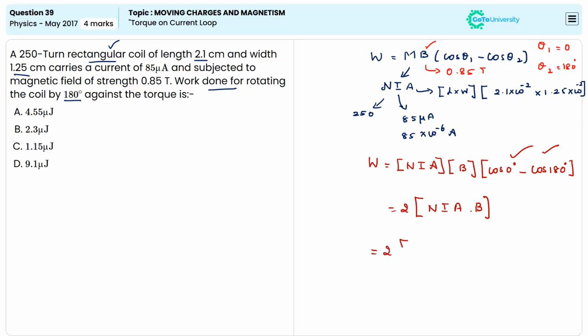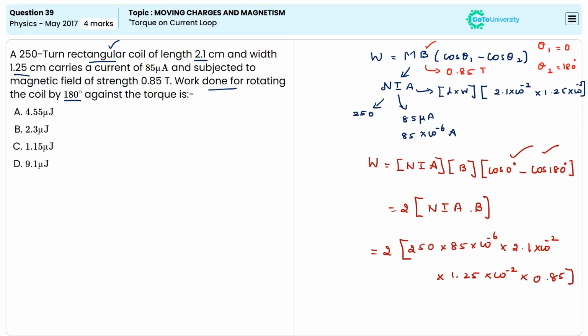So it can be changed as 2 times 250 times 85 times 10 to the power negative 6 times 2.1 times 10 to the power negative 2 times 1.25 times 10 to the power negative 2 times the value of B, which is given as 0.85.